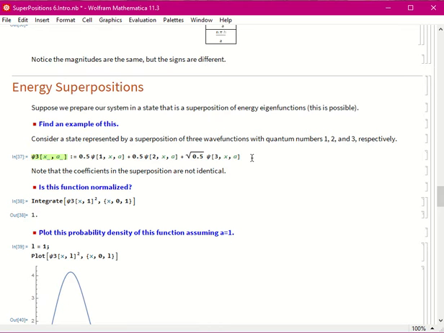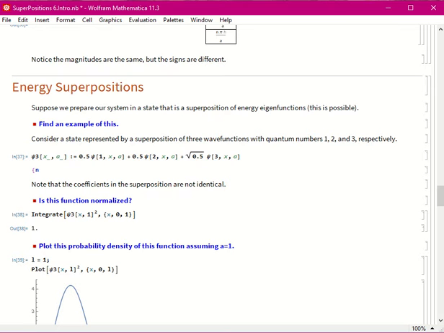Those three possible outcomes would correspond to n equals 1, 2, and 3. Remember that the energy is n squared h squared over 8 m a squared. So we've got these three different values.